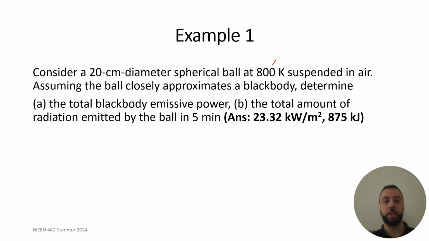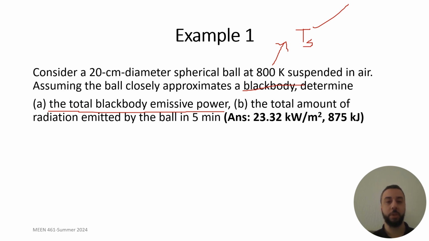Here we have our surface temperature Ts, and we know it's a black body, so we can use the equation from the previous slide. We have the total black body emissive power. We have our Ts. We have sigma, which is a constant.